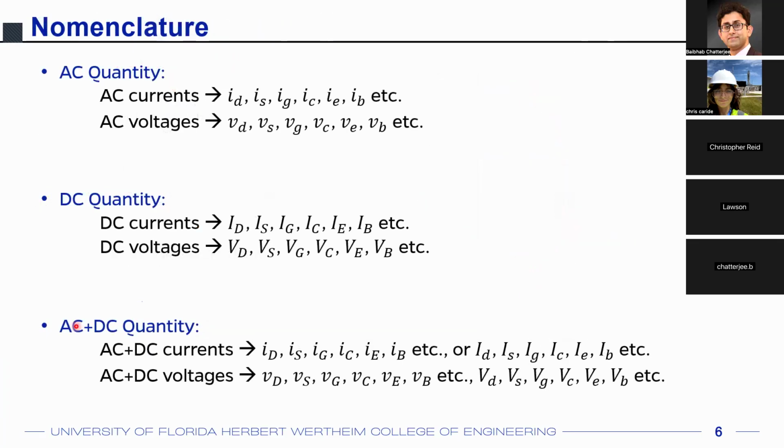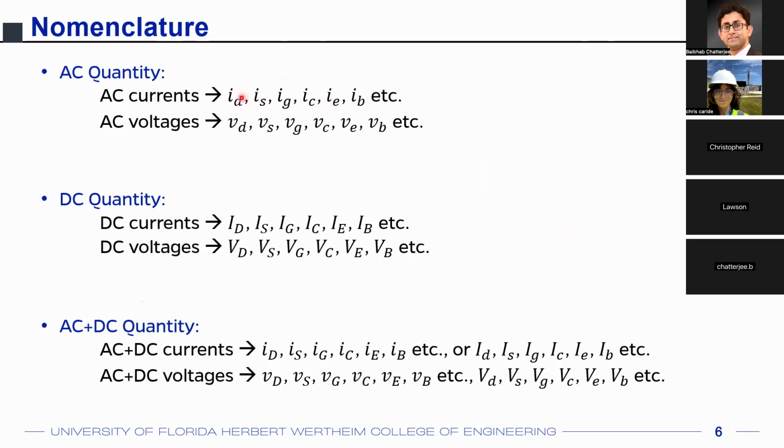Okay. Now, some nomenclature. I see a lot of students, even when I was a student, I used to get confused with the nomenclature. So I just want to have a slide on this: whenever you're discussing any AC quantity, let's say AC currents and voltages, you will generally see that it's written with a lowercase letter.